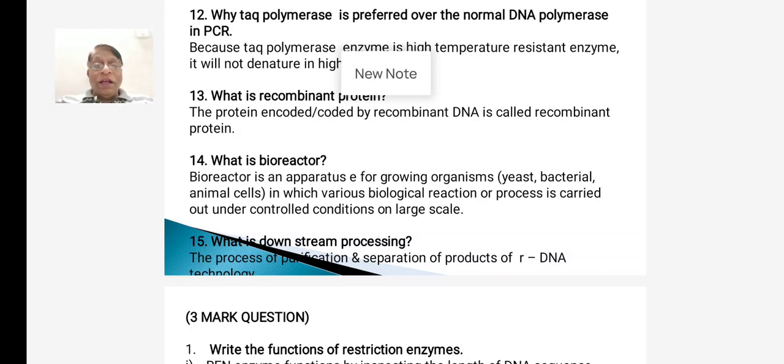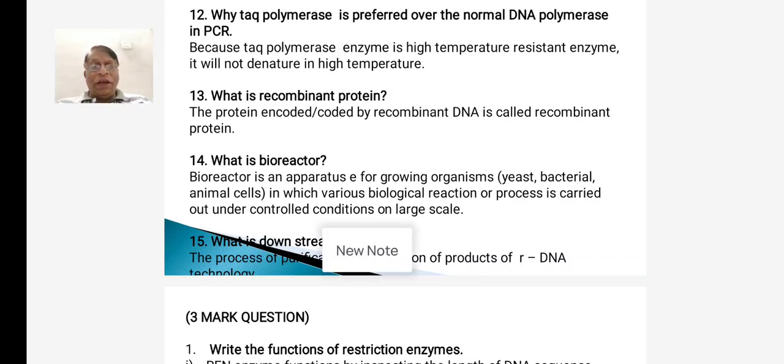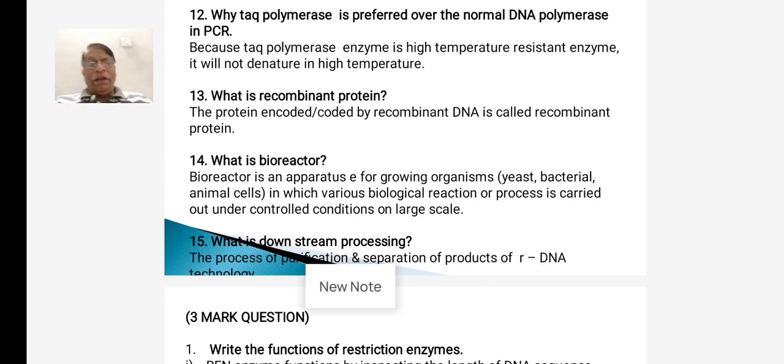Okay, so that's all about one mark question. Now I am going to discuss one 3-mark question. Write the function of restriction enzymes. How the enzymes function. Okay, now we shall see.